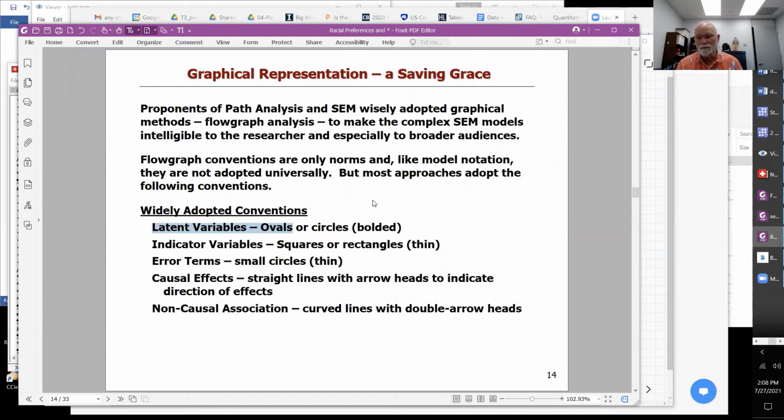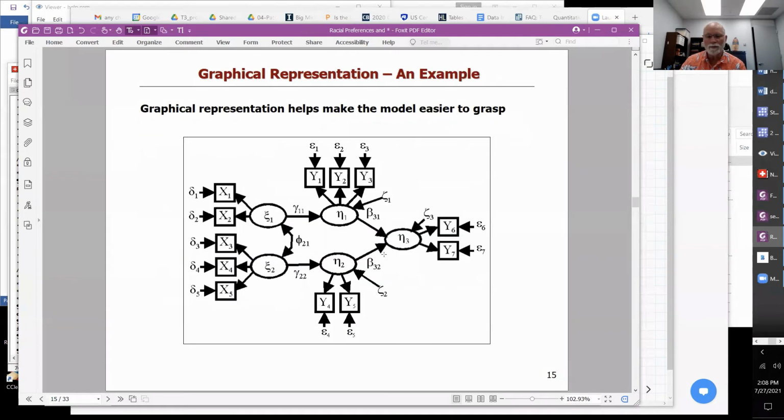It's all the same if you understand it, but it can be frustrating if you're expecting to see things presented one way and the early literature presents it another way. But in the contemporary literature, it's pretty consistent that a latent variable will be represented by an oval or sometimes by a circle, and often that will be a circle or an oval that has a thick border.